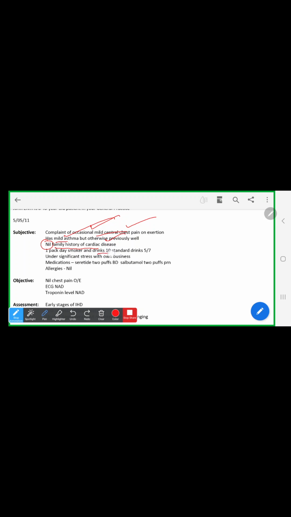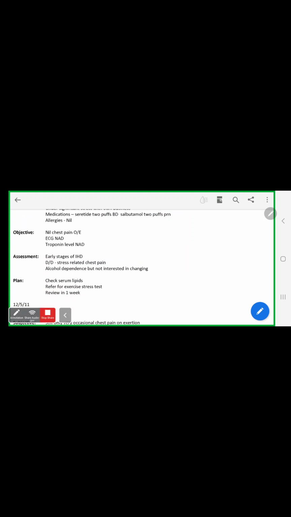One pack a day smoker and drinks 10 standard drinks, 5 by 7, meaning 5 days a week, important. Significant stress, important. Stress related pain, okay, fine. We can see everything was important. We can also see here that at that time we were suspecting it to be early stage of ischemic heart disease. ECG was normal, important, negative. We write it down.